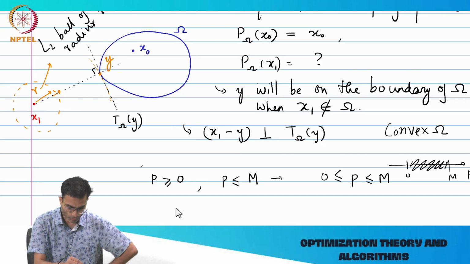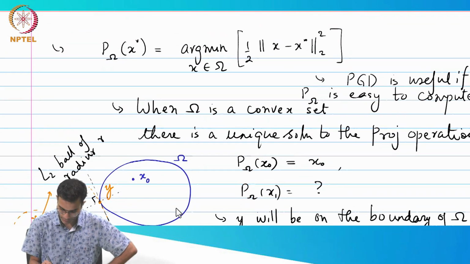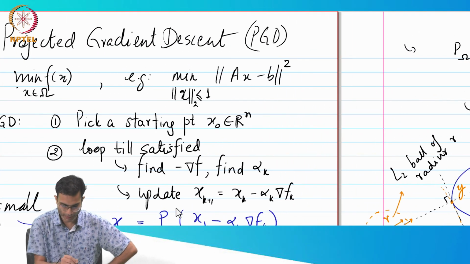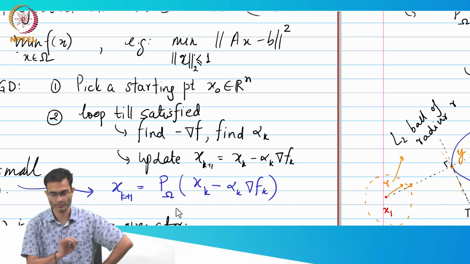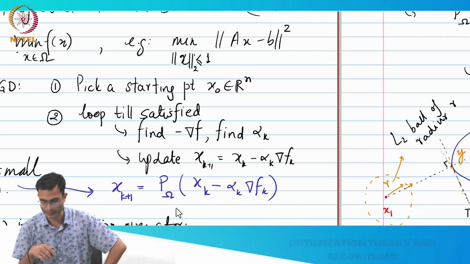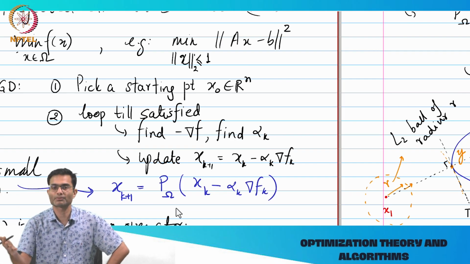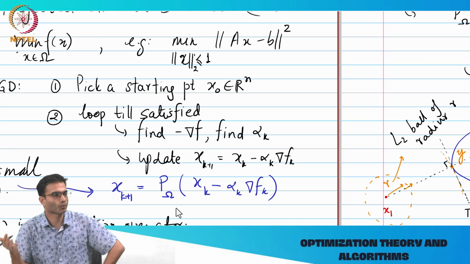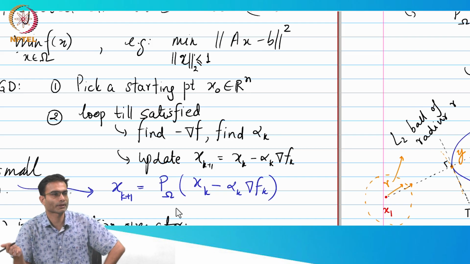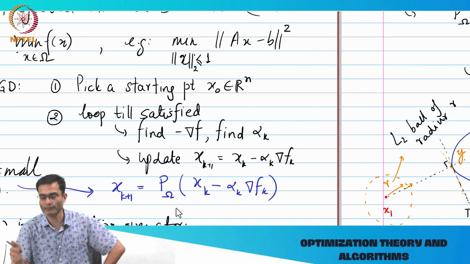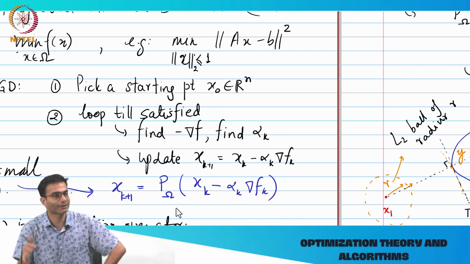Now, if you look back here, I've simply defined this projected gradient descent algorithm, which is fine. At this point, I've just given you some information. We haven't proved it. Why should this work is the first question that should come to your mind. This looks almost too simple for it to work, right? So what we'll do is I'll give you a proof of why this works.